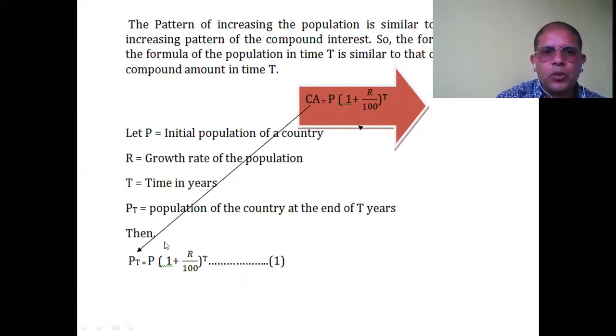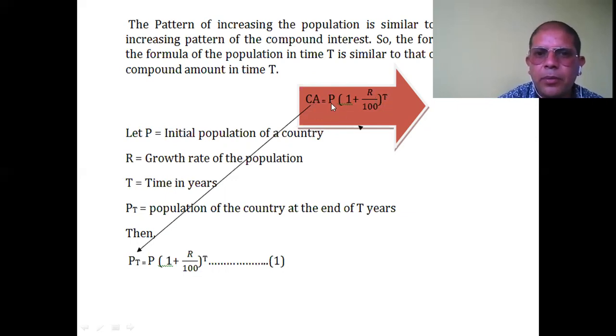So you can remember this formula exactly as compound amount. In the place of compound amount, you can write down PT. It's very simple. We did in the compound amount chapter, if principal, rate, time are given, you can find out compound amount. If compound amount, principal, and rate are given, you can find out time.